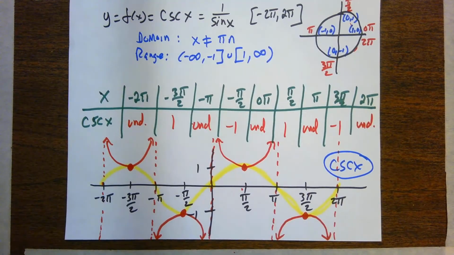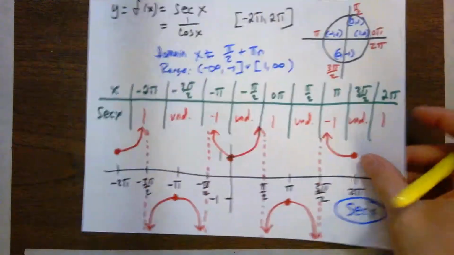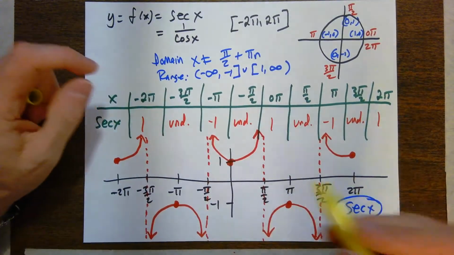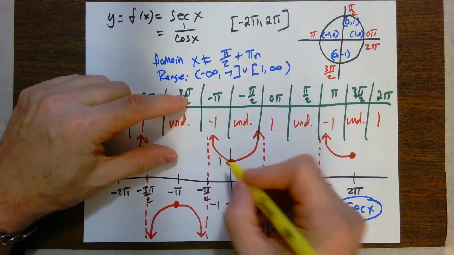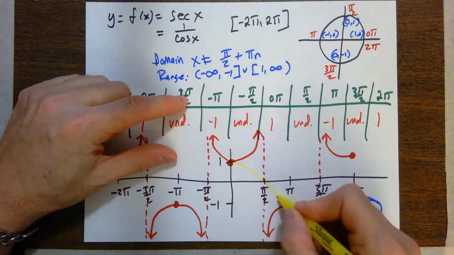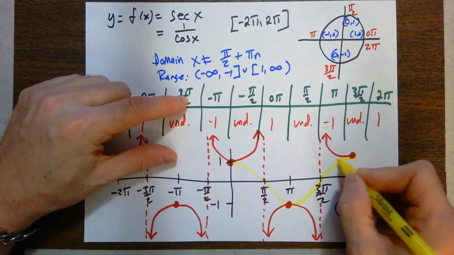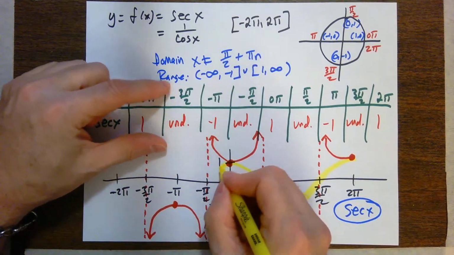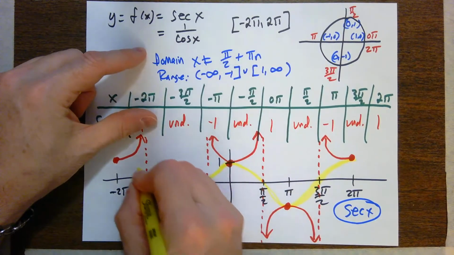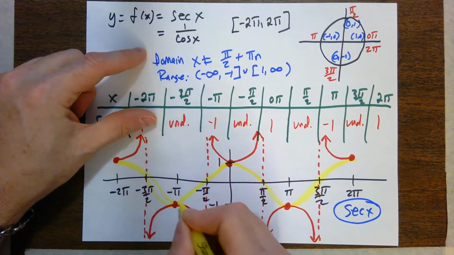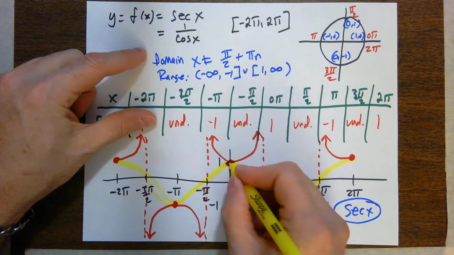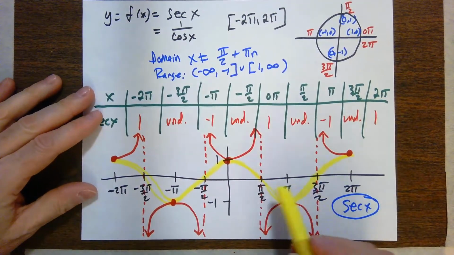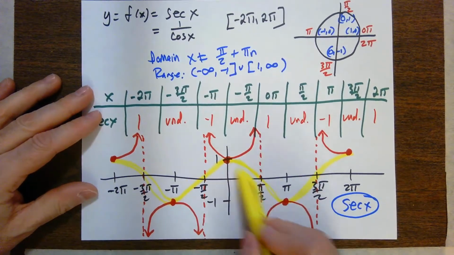The same thing happens with secant. Here I have secant, which is 1 over cosine. If I sketch cosine on top of this, and again, I want you to see that, now the yellow highlighter is cosine.